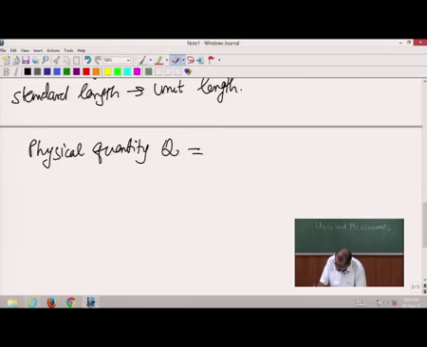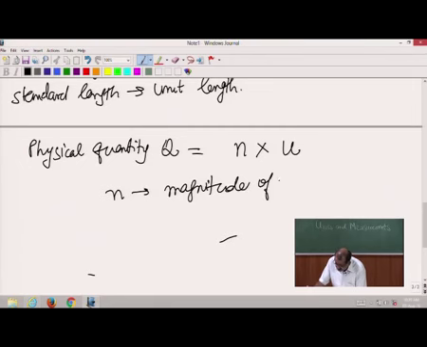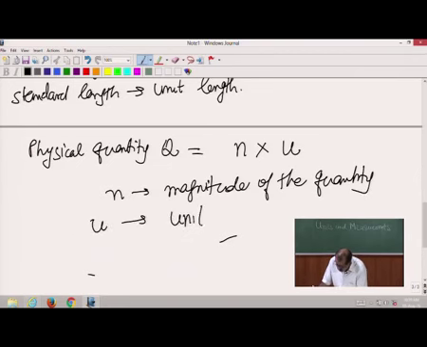So, we talk of a physical quantity q. So, this we can write it as n times u, where n is the magnitude of the quantity and u is the unit.